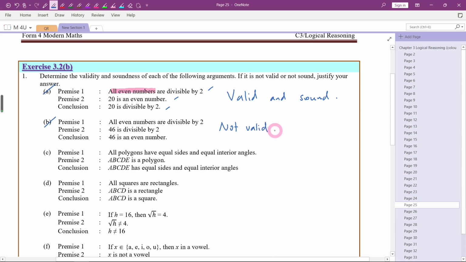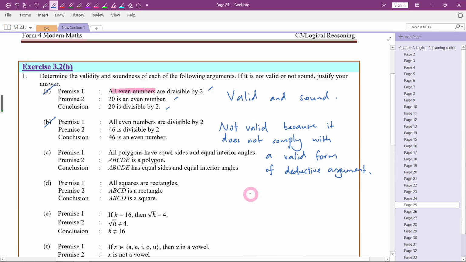Not valid because it does not comply with a valid form of deductive argument.